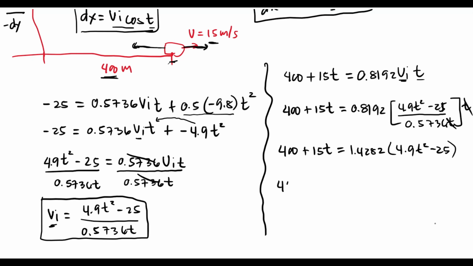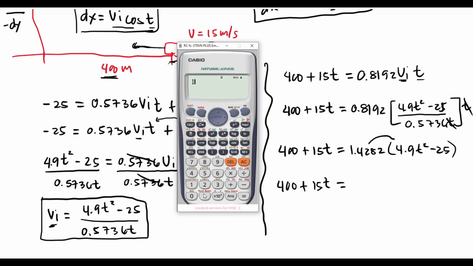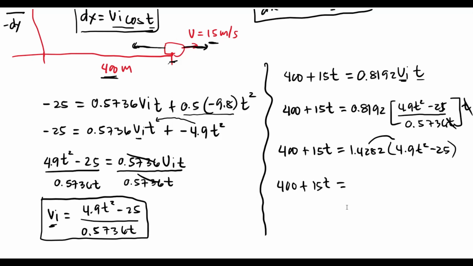Then simplify. So 400 plus 15 times the time equals, so multiply. 1.4282 times 4.9. So that's 6.9982. So again, this one is 6.9982 times t squared.